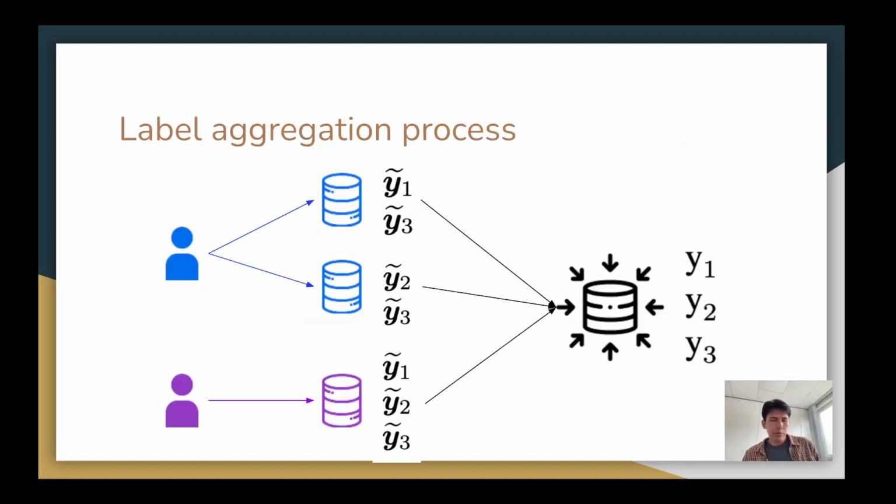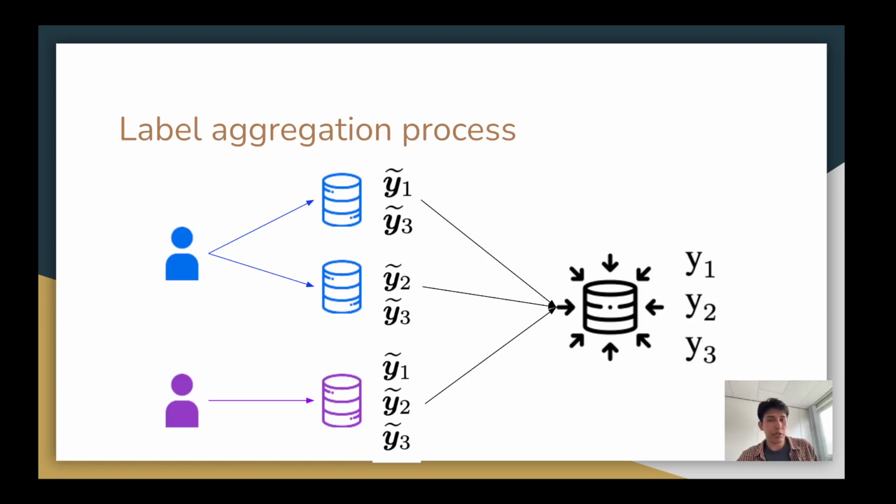Now, the labels produced in weak supervision are typically noisy, so multiple sources can provide labels for a data point, and they might be conflicting. Here's an example. Consider two human labelers, blue and purple, with three weak sources, depicted by the blue and purple cylinders. The blue labeler produces two distinct labeling functions, so two cylinders for the blue labeler. The weak sources contain the weak labels, the y tildes.